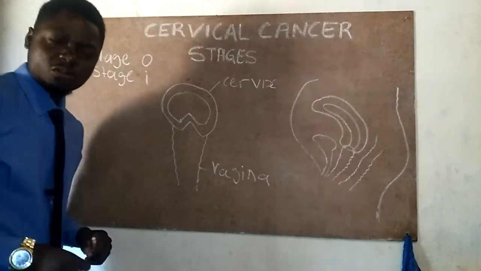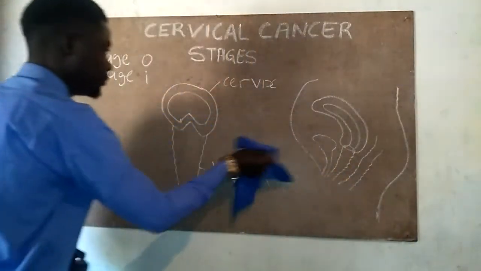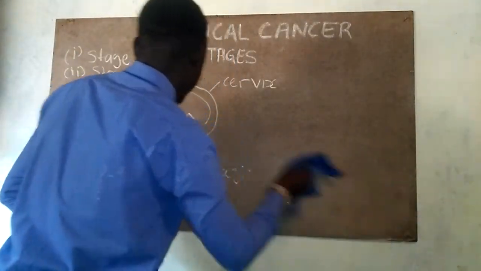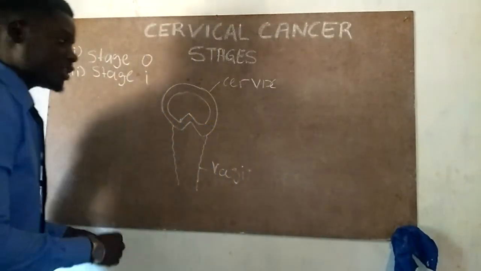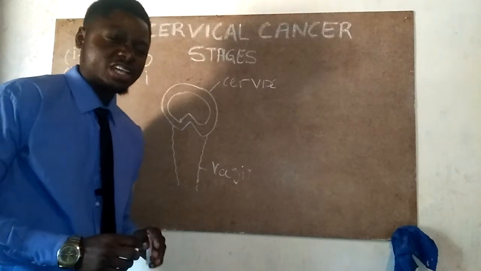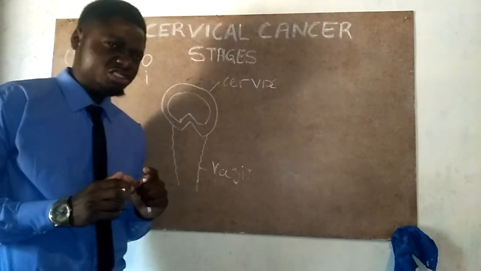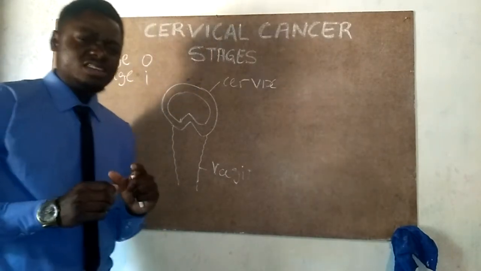So stage 1 of cancer, we'll just remove this first. So we talk about stage 1. Stage 1 of cancer is where invasion starts, and stage 1 involves only the top part of the cervix.